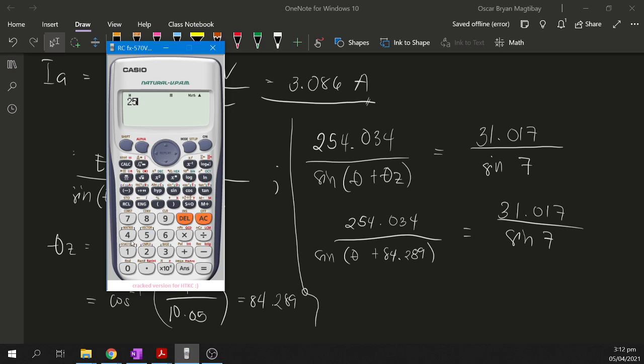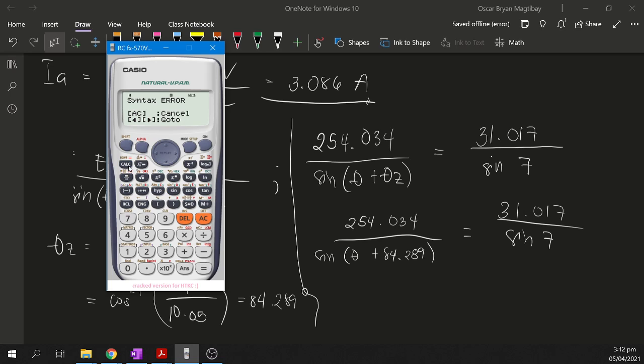So, 254.034 over sine X plus 84.289 ay equal daw sa 31.017 over sine 7.